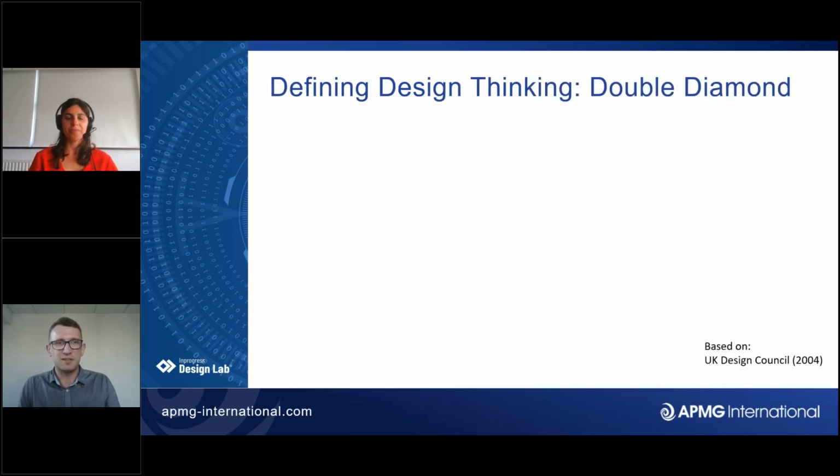Now we move to the definition of design thinking and to define what design thinking is. Design thinking is an approach where the team is going to find a solution for a specified challenge. The design thinking process lasts a few meetings.